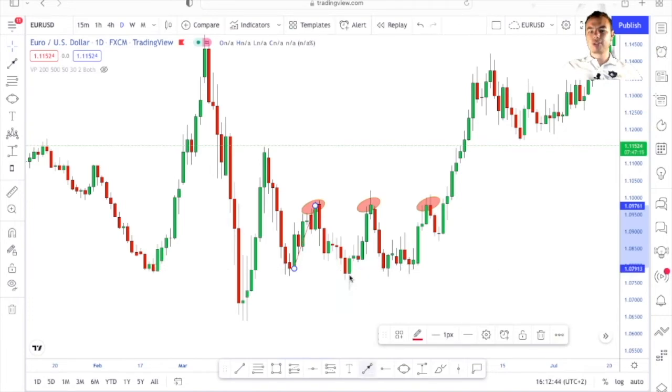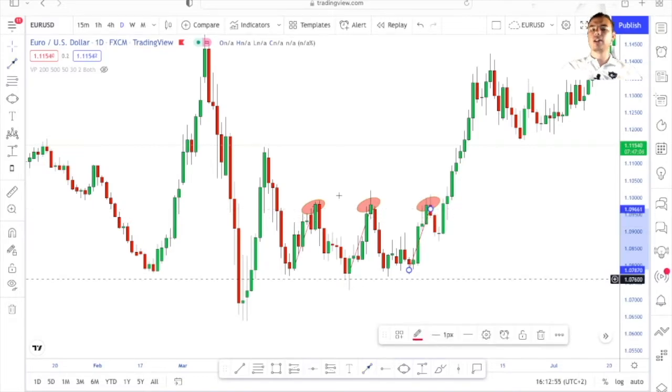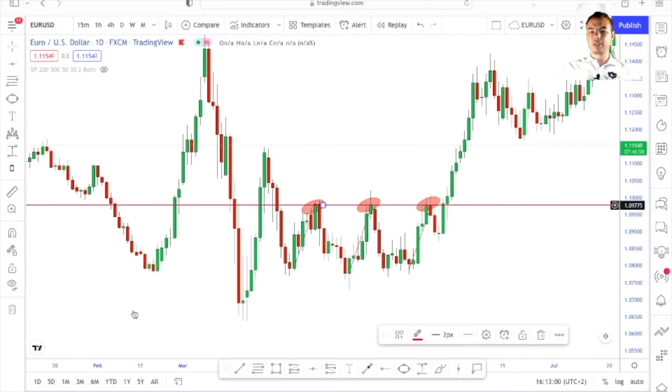Then price tries to push up again, gets rejected. Then price tries to push up for the third time, gets rejected. So this level is important. This is resistance. So you can put a line over there.